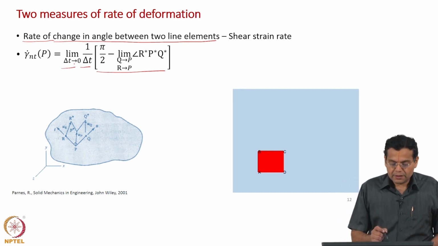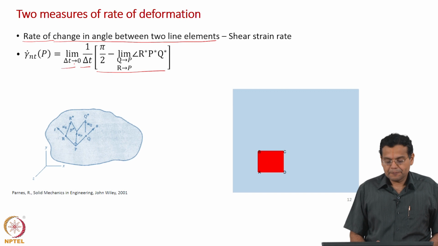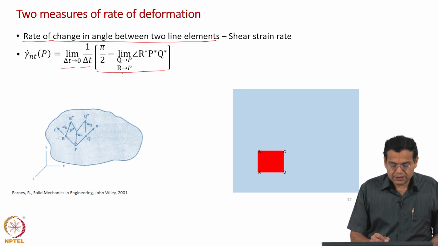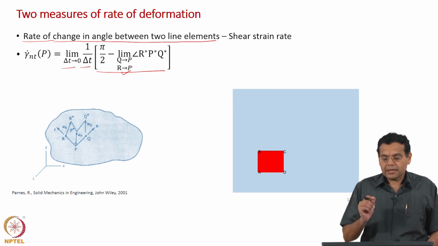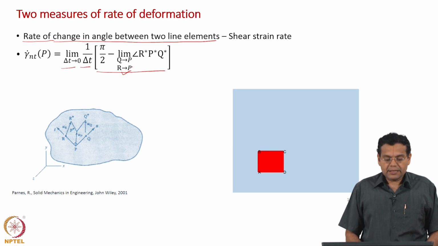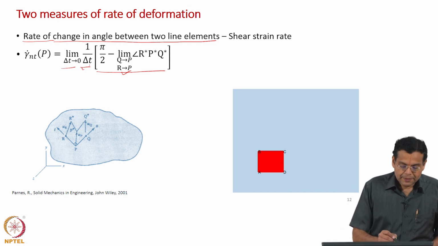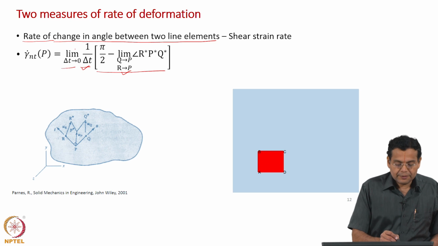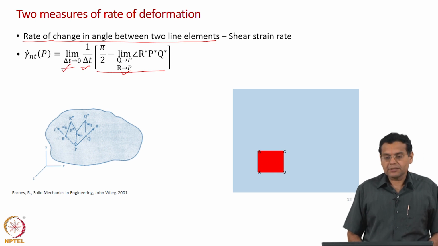And once again we have two limits here. The first limit tells that at a point we consider two line elements which are perpendicular to each other. So, that makes the definition of the shear strain rate valid at a particular point, and we have another limit, delta t tending to 0.